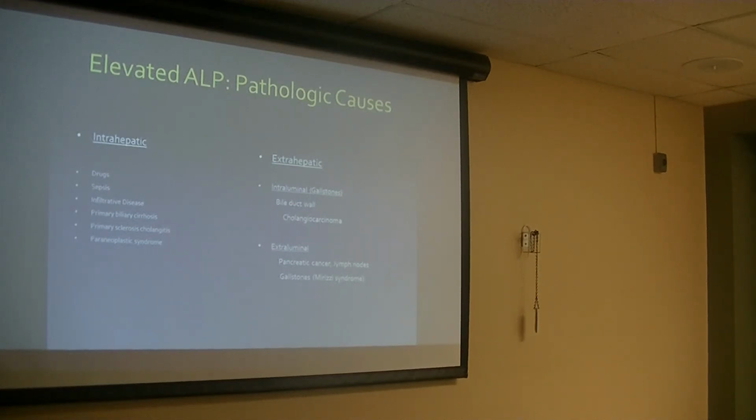And obviously any metastatic lesion can do it too, such as pancreatic cancer, swollen lymph nodes, and gallstones can cause extraluminal compression. There's a thing called Mirizzi syndrome, where a gallstone gets stuck in the neck of the gallbladder, and that compresses the common bile duct from outside. I don't have a picture of that, but anyway.